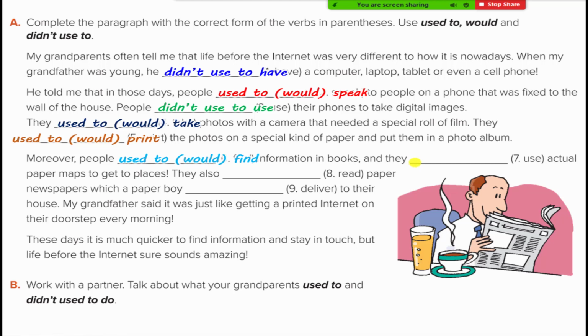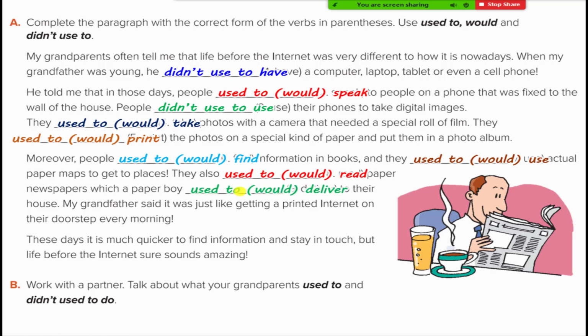They also used to read paper newspapers, which a paper boy used to deliver.